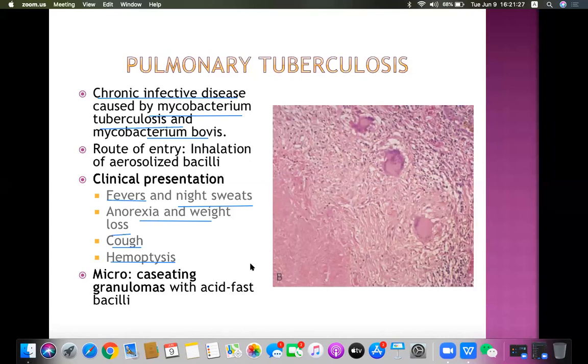Now, let me explain what we mean by granuloma. Granuloma is a millimeter-size nodule composed of activated macrophages.